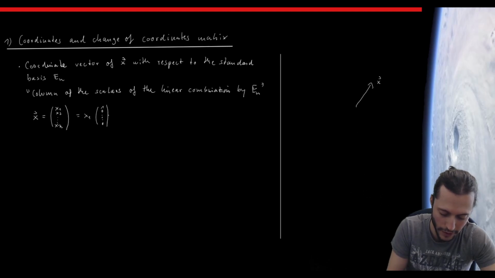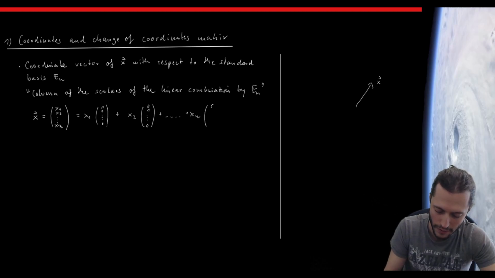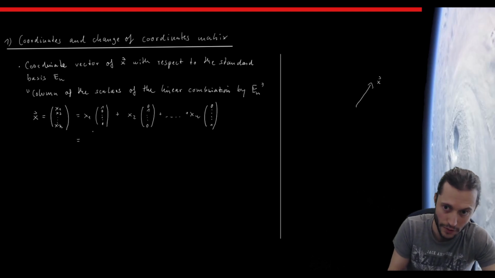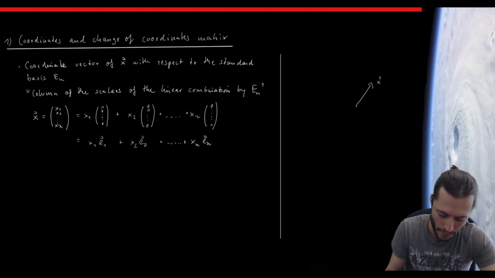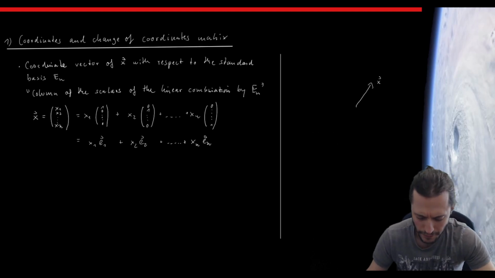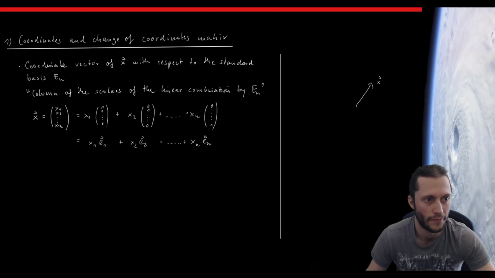So this is the linear combination of x. And so on, you know the drill, until the last one. Or a little shorter, x1 e1, so far so good. That's what you probably have seen many times.